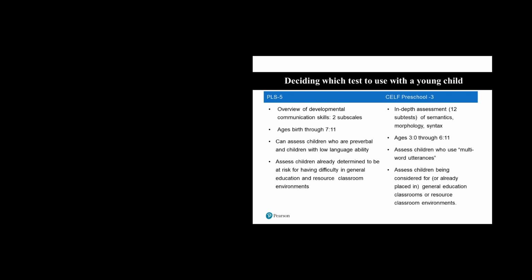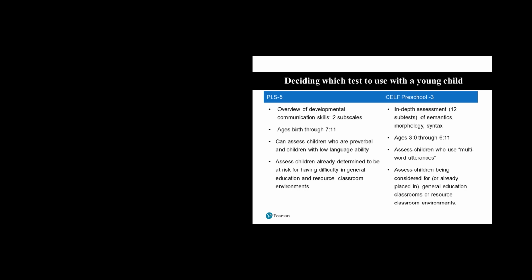So in each subsequent edition, the age range went down all the way to birth because there were children being tested who had severe delays and often operated at a very, very young age level. And then the upper age range expanded somewhat because clinicians wanted to be able to continue to follow the child through their early school years, all the way through age 7;11.